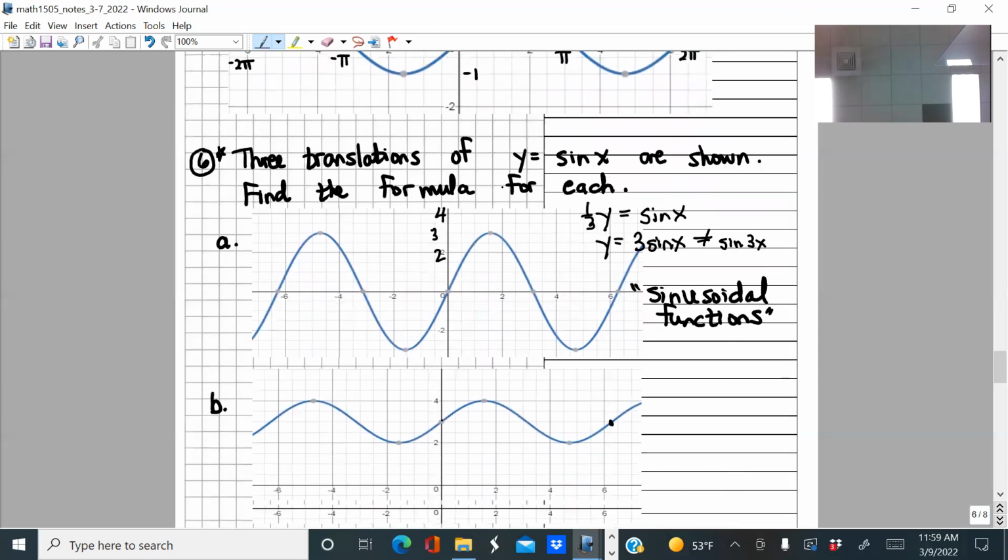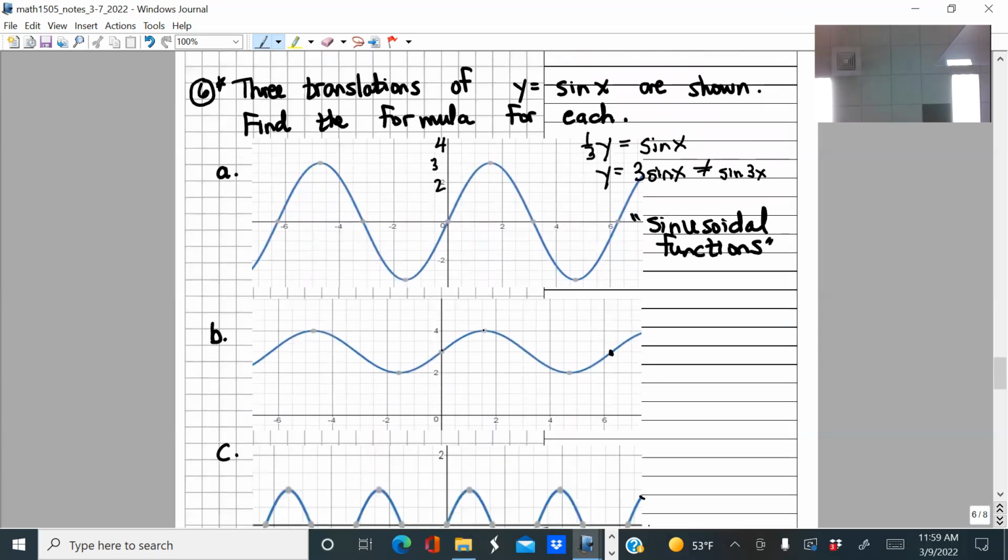Is that what happens here on this curve? There it is at the top. At bottom, it's what? 2. That's a distance of what? 2 again. So it's not been stretched at all. Okay? Vertically, it's not been stretched or shrunk. Okay. It's still distance 2 from the top to the bottom.